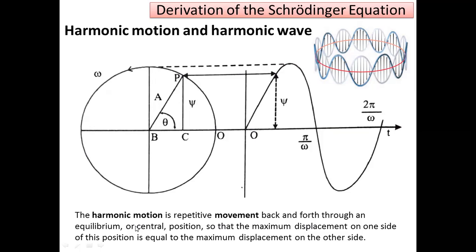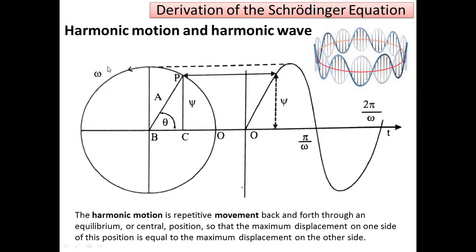As we have already discussed, it is the repetitive movement back and forth through an equilibrium or center position. Let's suppose this is the center point, it will be moving this side or this side, like a pendulum, moving back and forth with the same distance through the equilibrium of the central point.